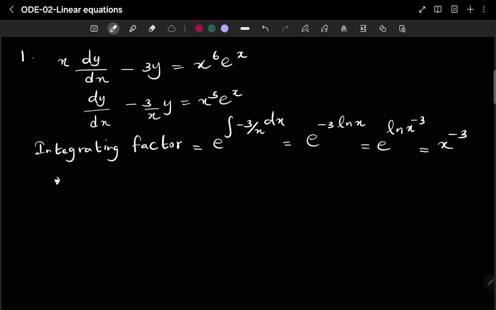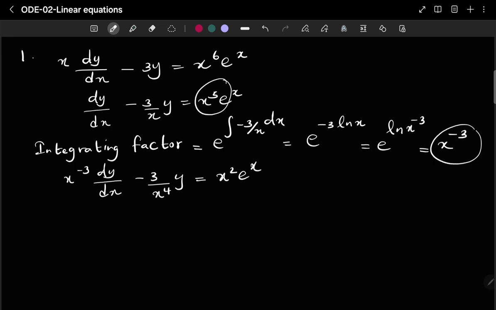So x to the power minus 3 dy by dx minus 3 over x to the power 4 y equals x squared e to the power x, since x to the power 5 into x to the power minus 3 gives 5 minus 3, 2.